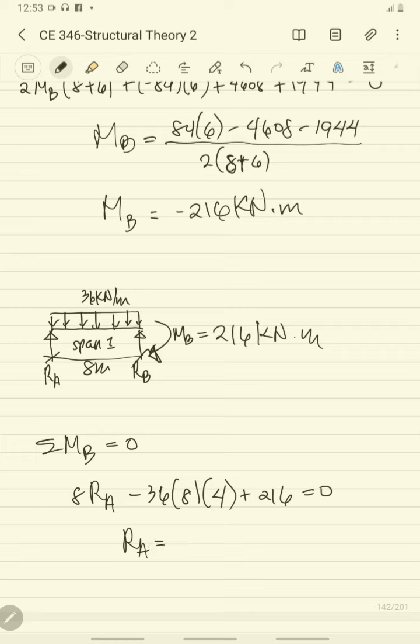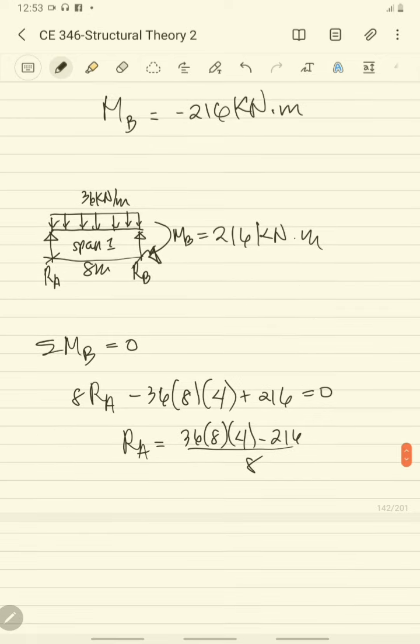So our RA is equal to 36 times 8 times 4 minus 216, all divided by 8. So the answer is 117 kilonewton. This is for the summation of moment left of B.